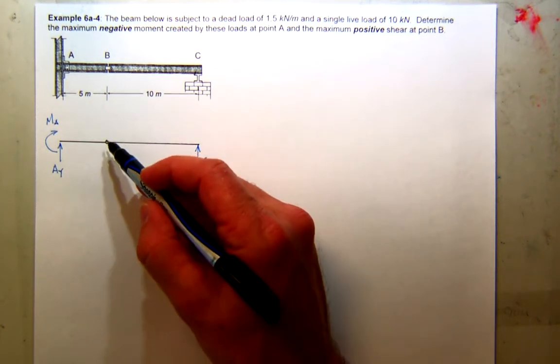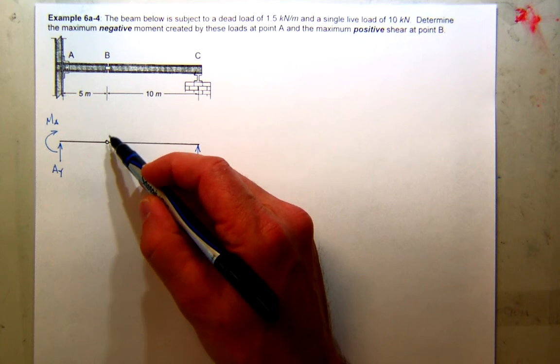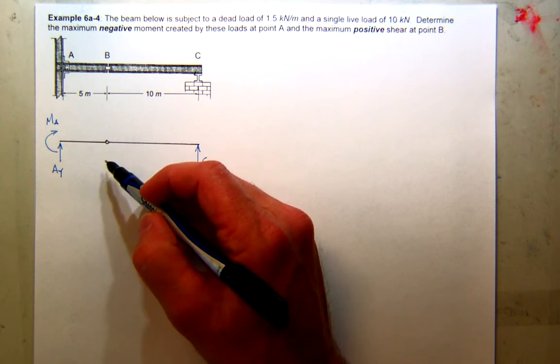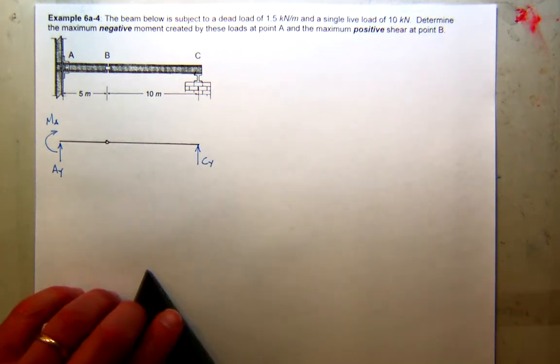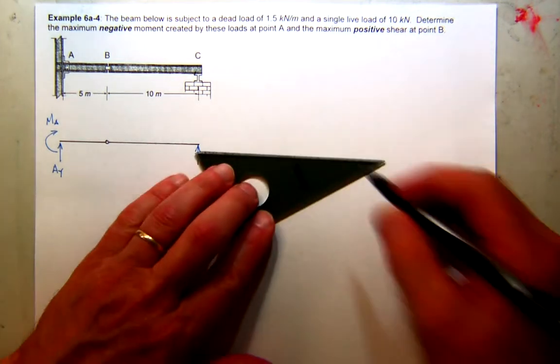So I'm going to have to do what here? I'm going to have to break it apart here in the center. Everybody see that? So let me redraw it here.